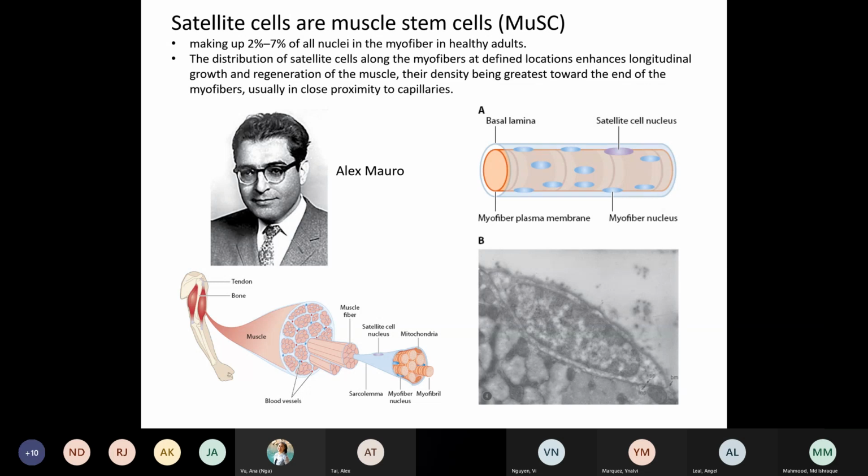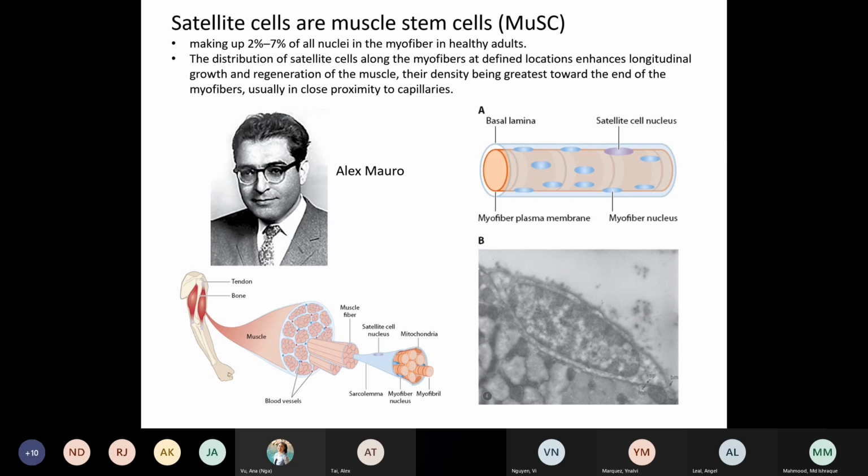They call this muscle stem cell, but it's the same thing. They are adult stem cells within skeletal muscles. They make up about 2% to 7% of all nuclei in the myofiber.